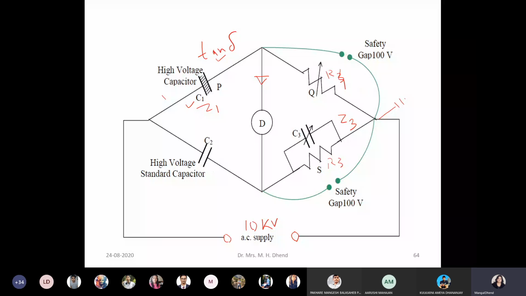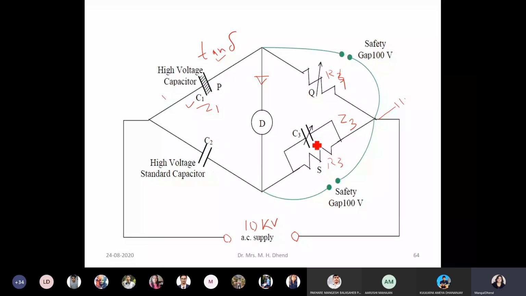Now today you work on something from your own side. What is Z1? Z1 is XC1. What is XC1? You know. Then find out what Z2 and Z4 are. Z4 is R4. Then this is Z2. Z2 is equal to XC2. What will be XC2? 1 upon 2 pi f C2. You know it.